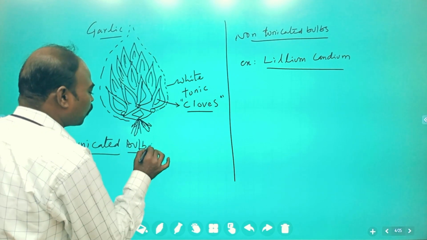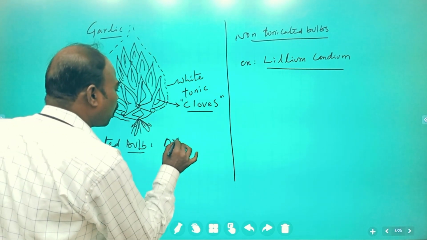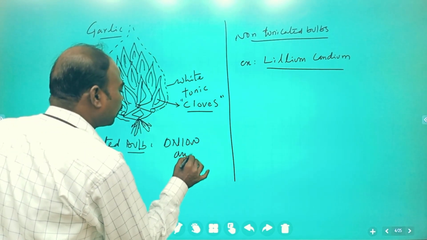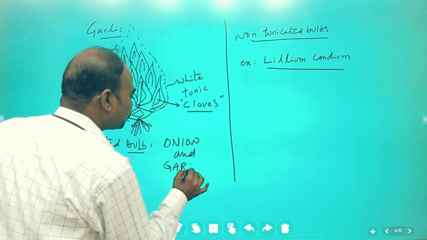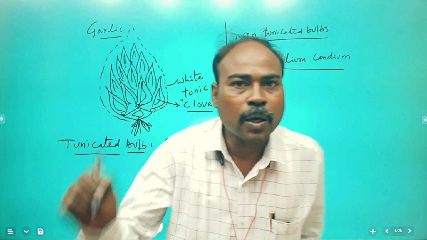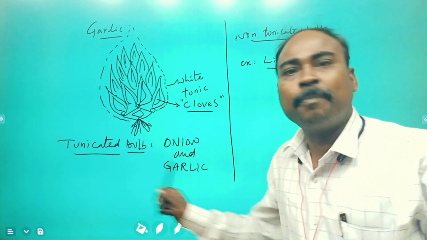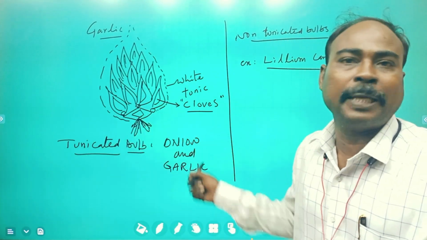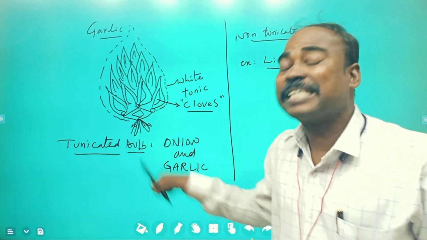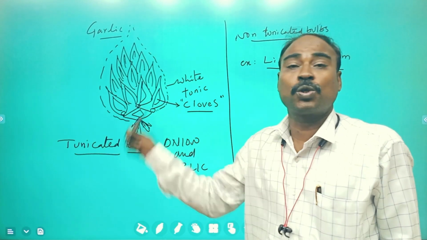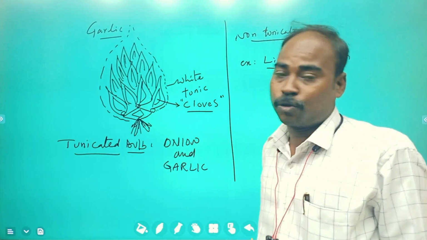Tunicated bulbs are found in both onion and garlic. So in underground bulbs, the stem does not store food. The underground leaf bases store the food material in these bulbs.